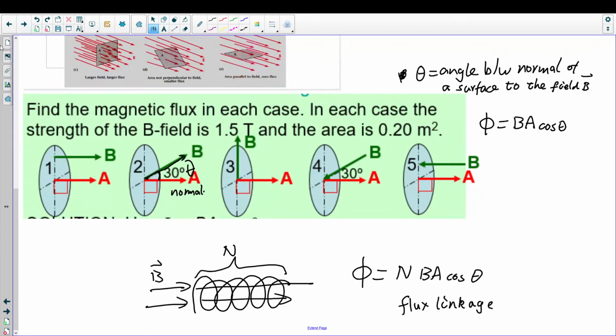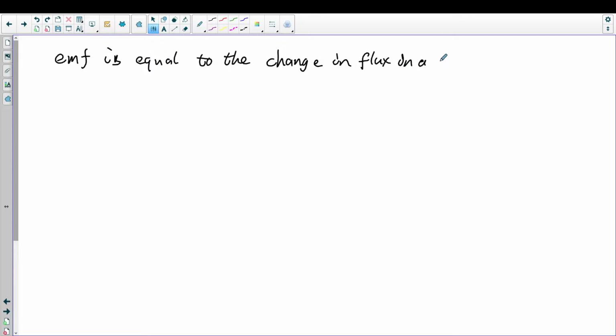Now, here is what's interesting. Through experimentation, Faraday found that when you move a loop through a magnetic field, you will induce, as he predicted, an electromotive force, and that is equal to the change in flux in a coil.